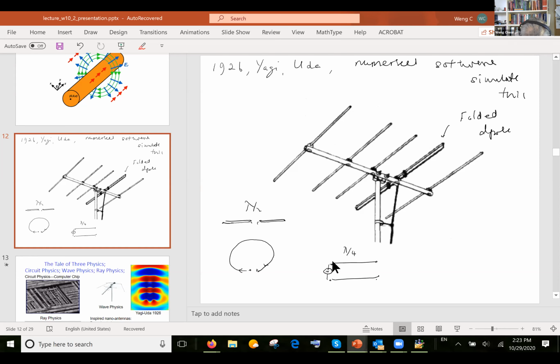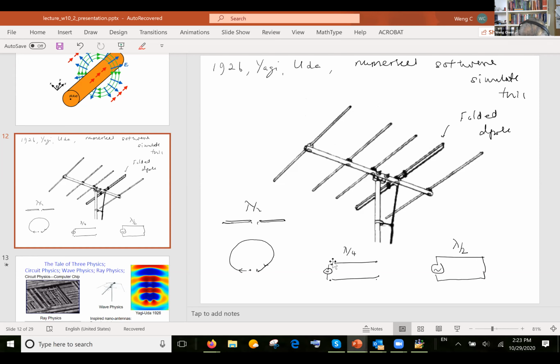Okay, that's why you have lambda over 2. But if you make it short circuit, then you can get this to resonate around, I guess, lambda over 2.